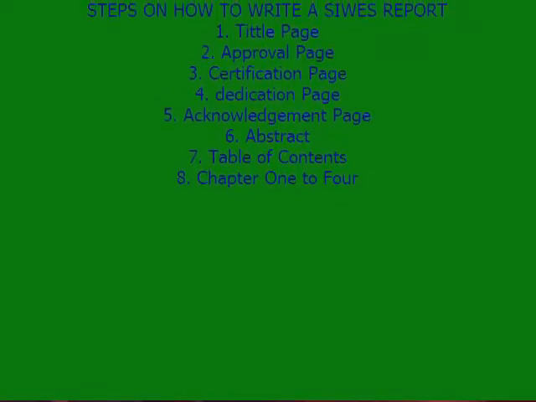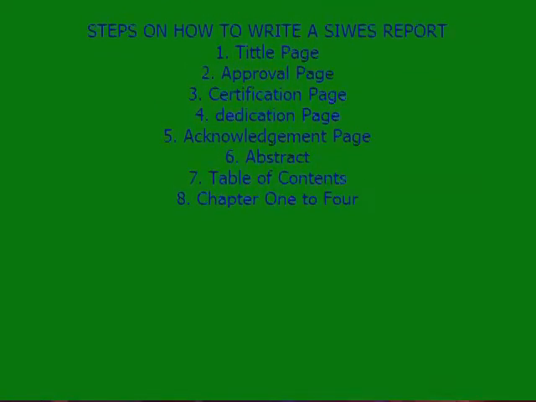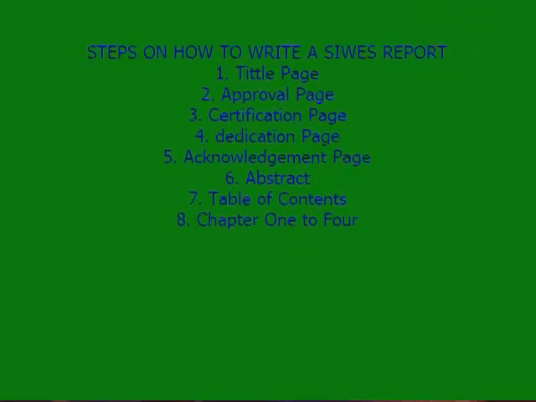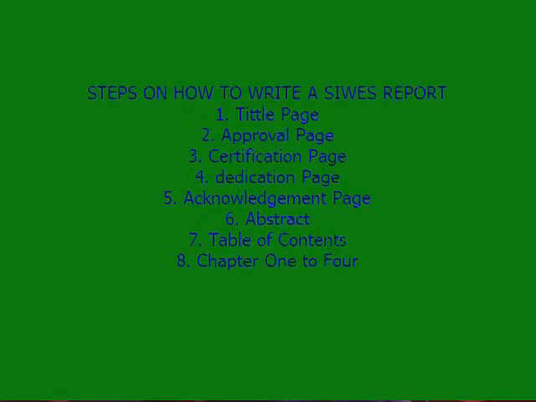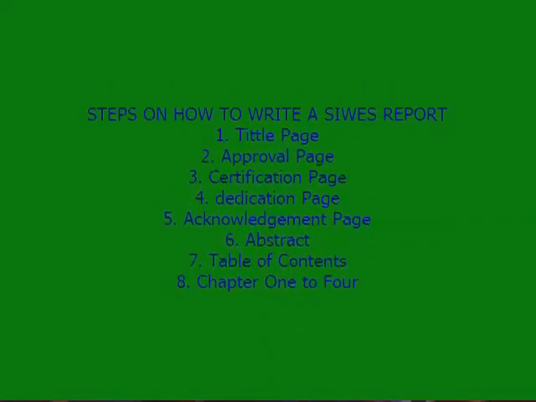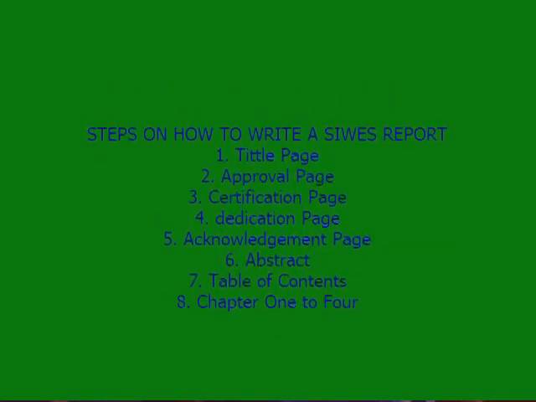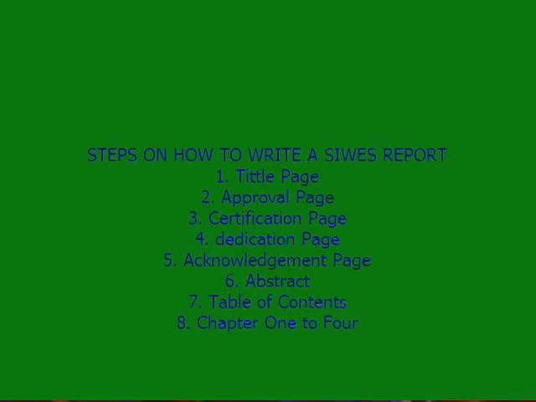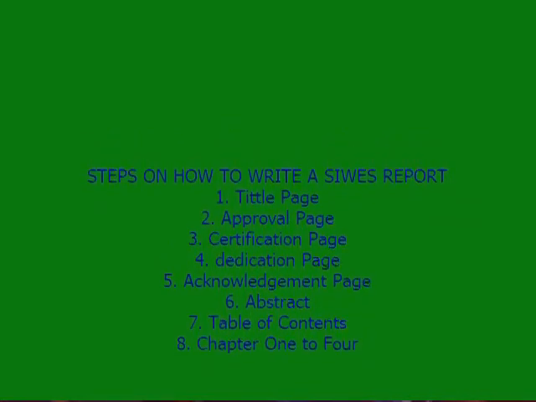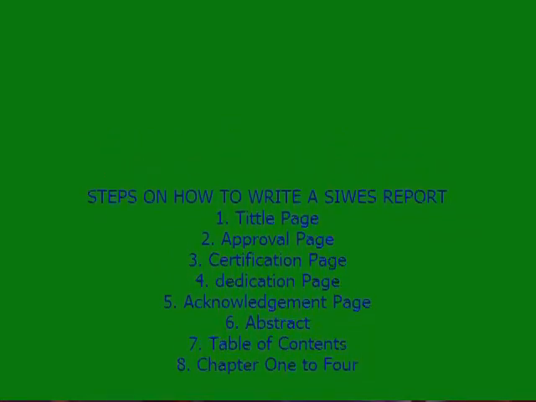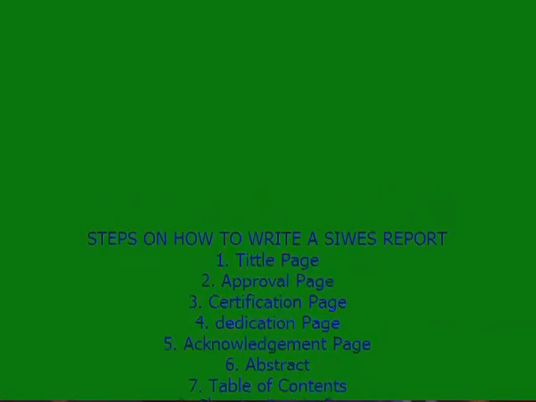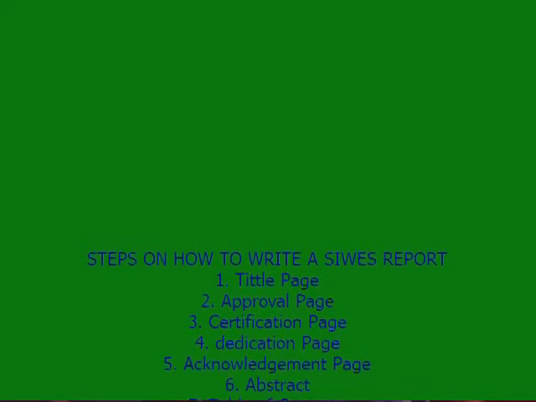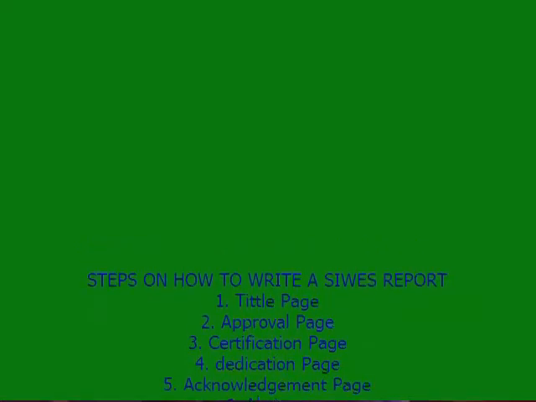Instead of going chapter by chapter, with the abstract, the person will know what you included. So after the abstract, you get the table of contents. With the table of contents, the person will also know what is contained in your report. It's very important.